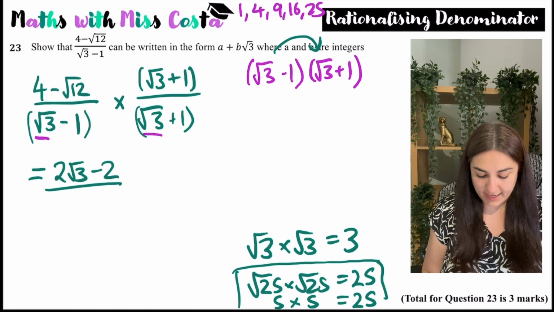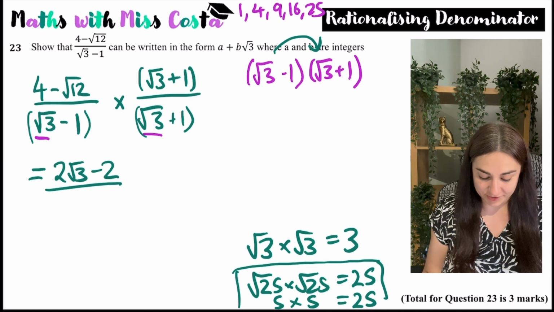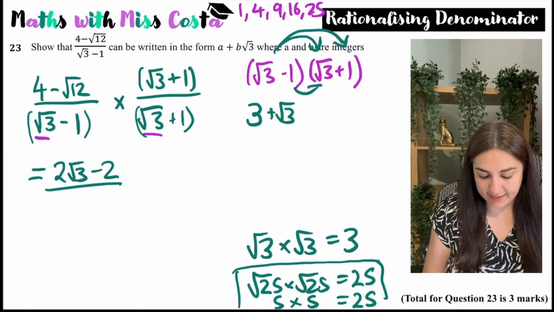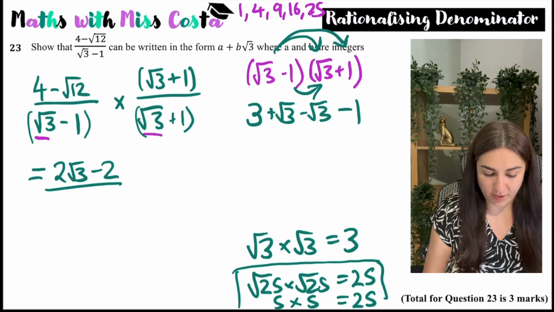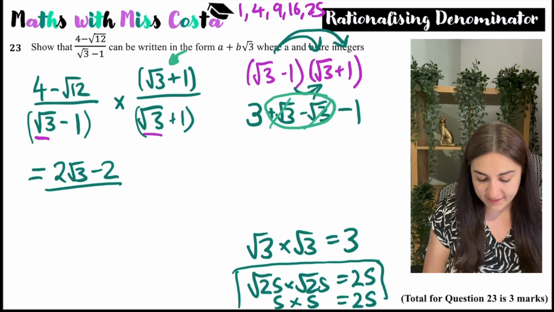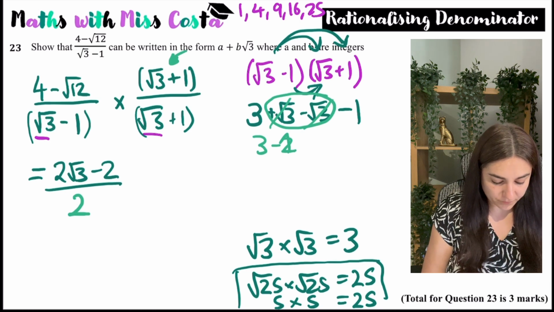And therefore, any third multiplied by itself, you get rid of the square root sign essentially. So square root of 3 times square root of 3 is just 3. Square root of 3 times by 1 is square root of 3, minus square root of 3, minus 1. And that is why I do the conjugate, the inverse, because these two terms cancel out. So I'm just left with 3 minus 1, which is 2.